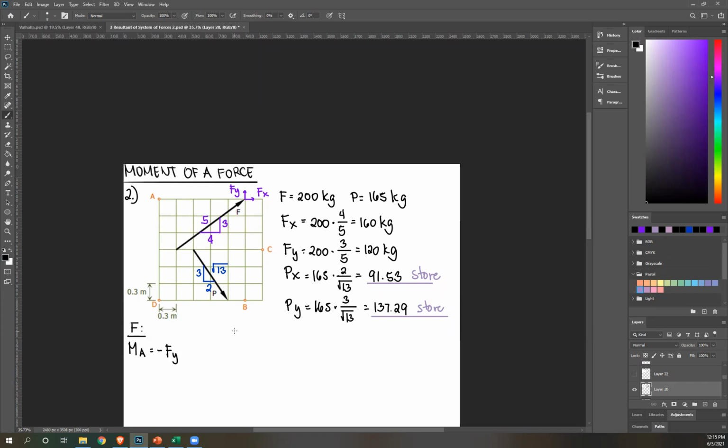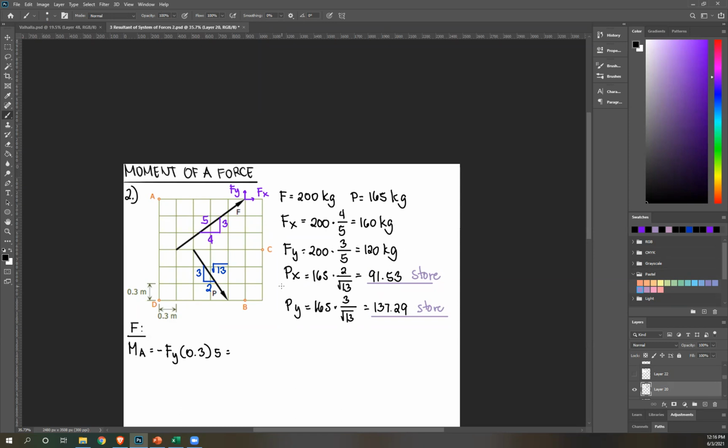Then compute for the perpendicular distance. This is the perpendicular distance, so just count the sides as 1, 2, 3, 4, 5 sides. So times 5. And remember, each side is 0.3 meters. So 0.3 times 5. Fy is 120.